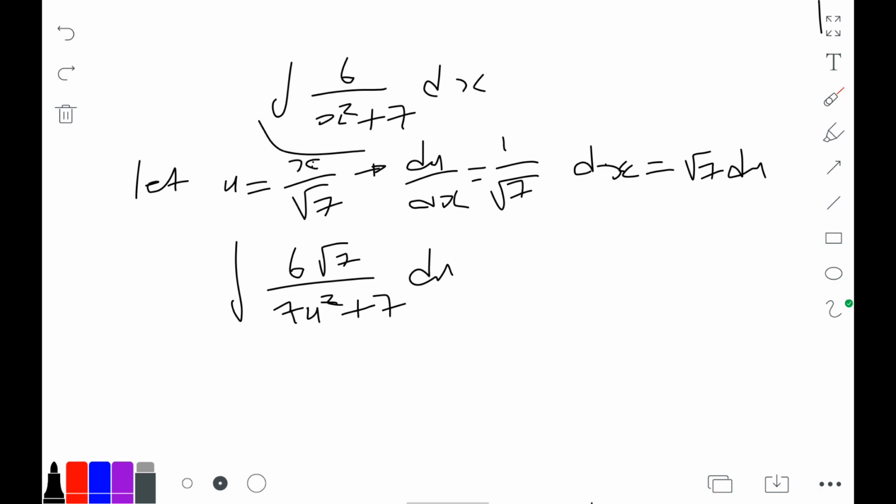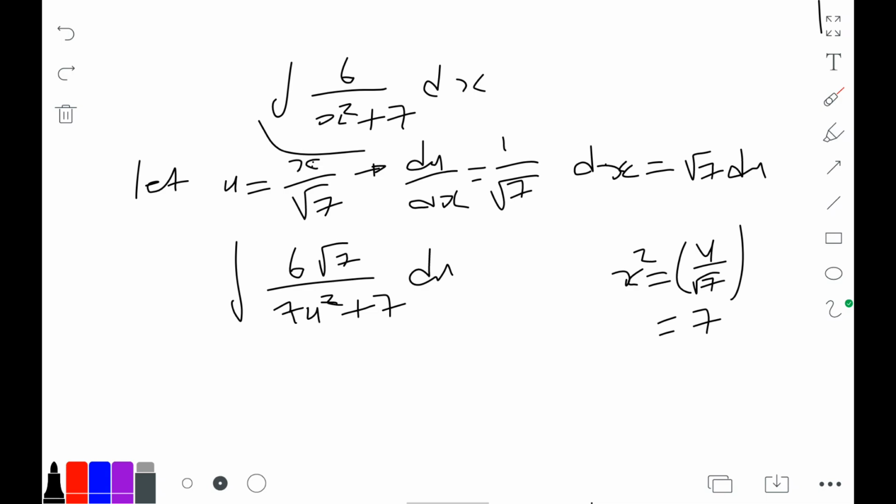If you check properly how I substituted it back, you will see that you get exactly that. You let u equal x over square root of 7, and remember that x is squared, so it's going to give you 7u squared.